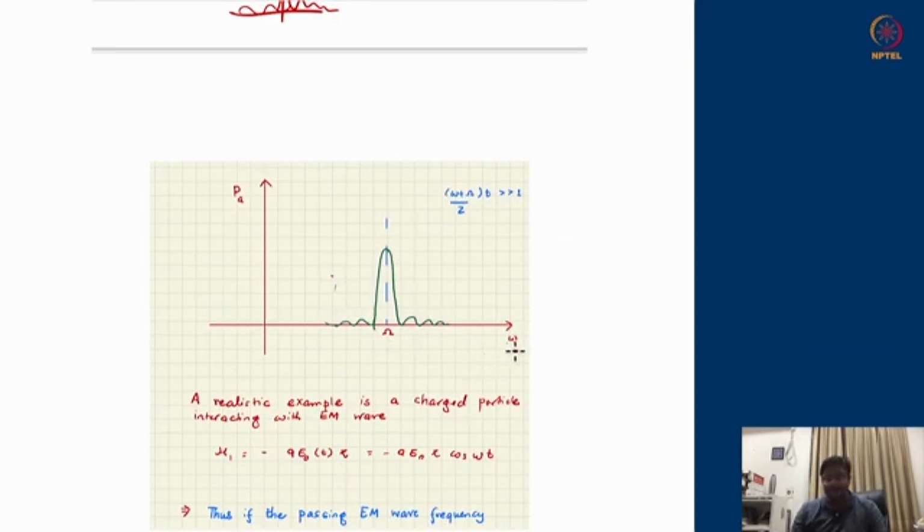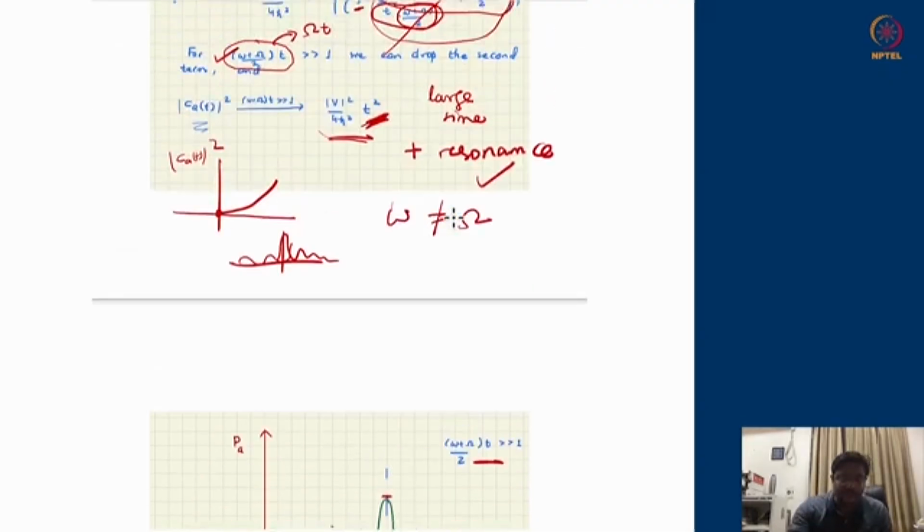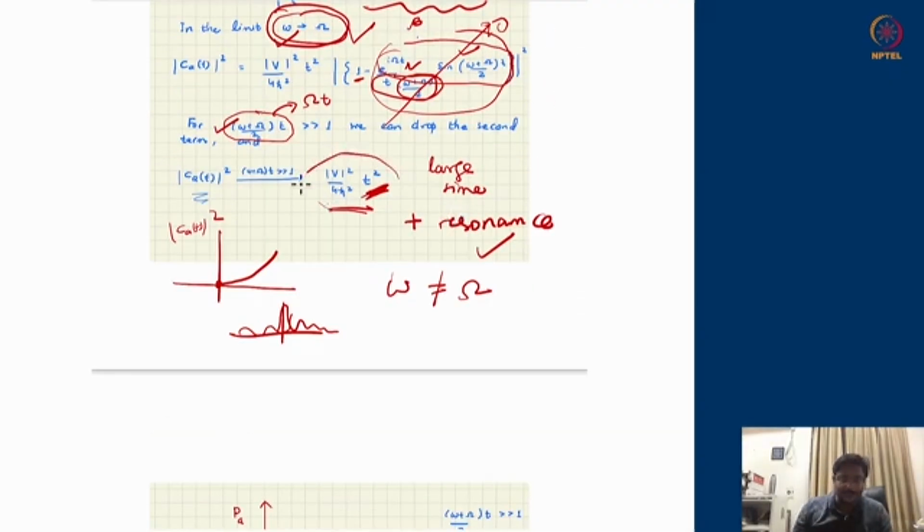When your driving frequency, meaning the Hamiltonian's perturbation frequency, matches the energy gap, then you see a sharp rise in transition at a large time. At large time, t will be large, therefore the probability will also become very large because t square has become very large.